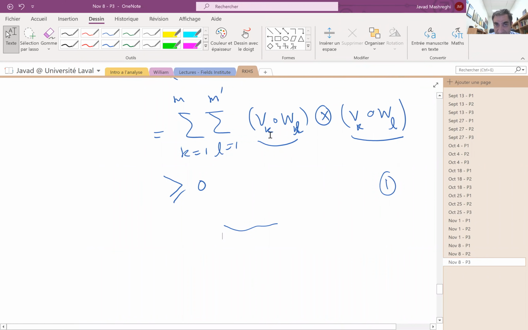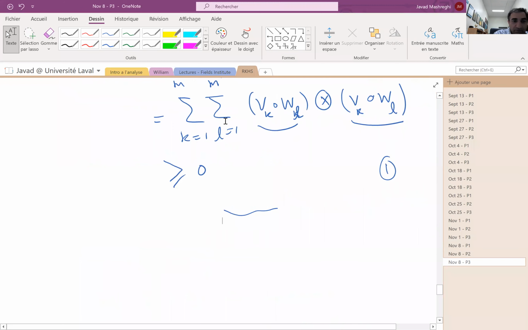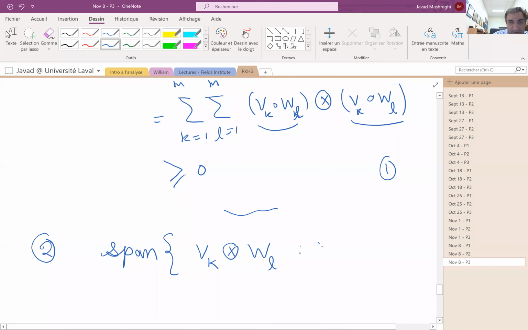All of this, k goes from 1 to m, l goes from 1 to m prime. So to answer 2, we need to study the span of our vectors v_k tensor w_l when k is from 1 up to m and l is from 1 up to m prime.